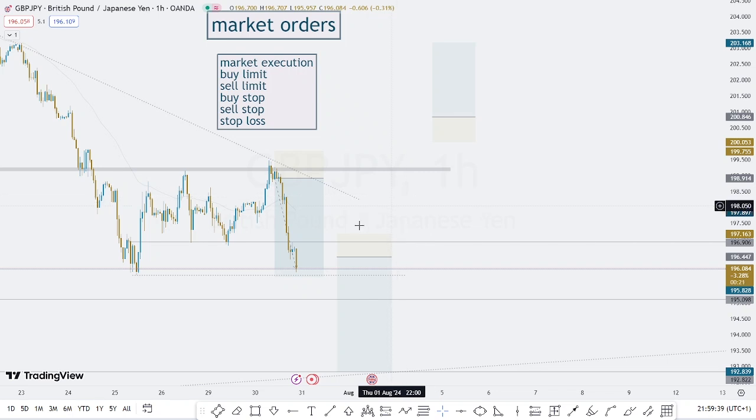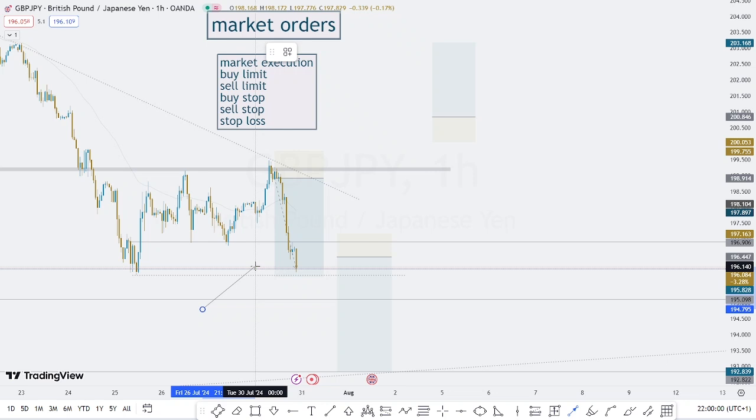If I want to sell this market now, that means I'm entering ASAP at the current market price. I don't want to know whether the market is costly or cheap. I'll just enter it.